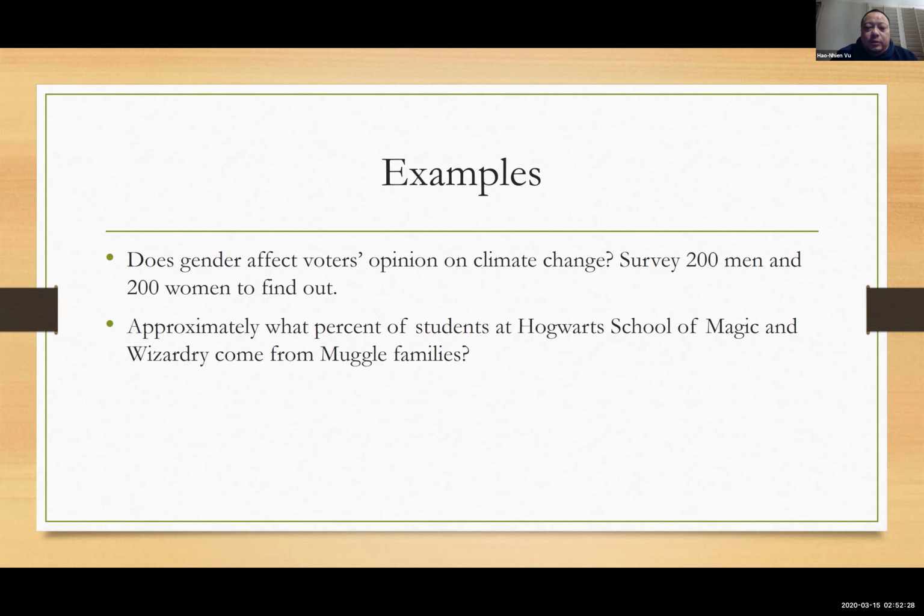So yeah, this could be a percent problem. And if it is a percent problem, then it's definitely a two proportion problem. And it's hypothesis testing because the answer is going to be either yes or no. Yes, gender affects it, there is a difference between men and women, or no, gender doesn't affect it, men and women all think the same way. So it's a hypothesis test of two proportions.